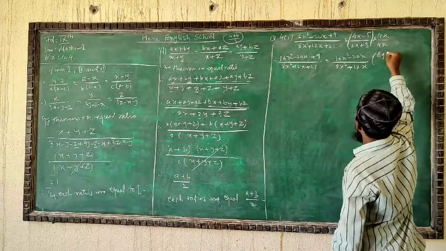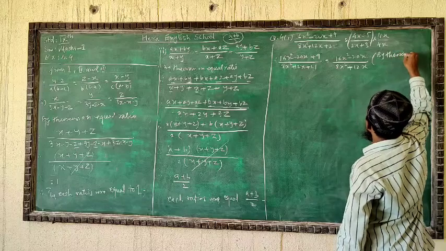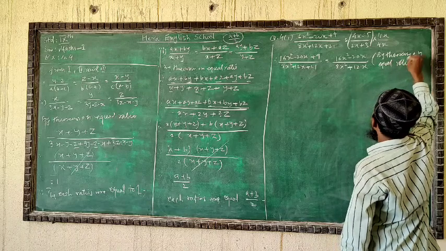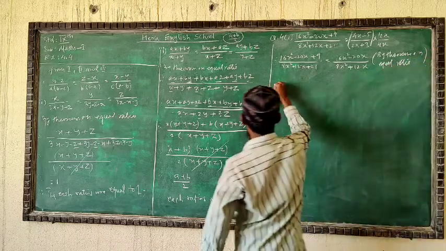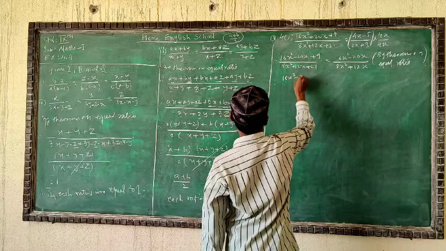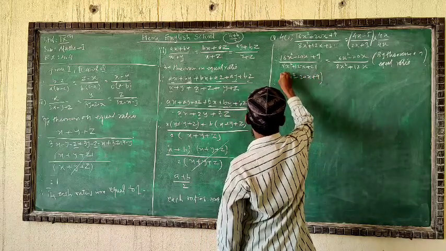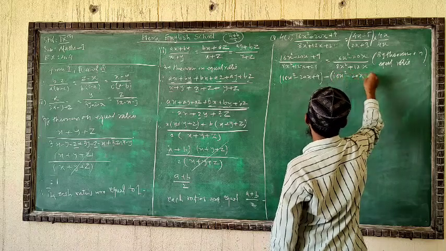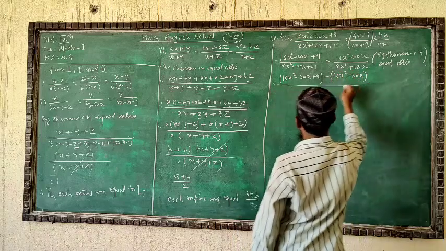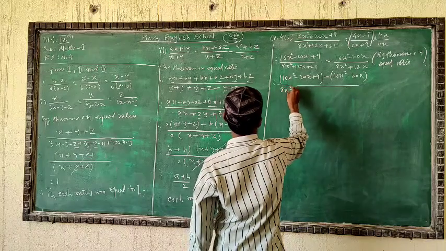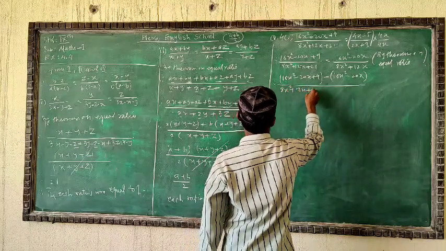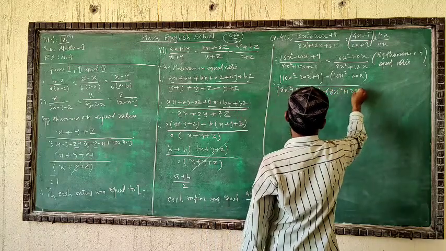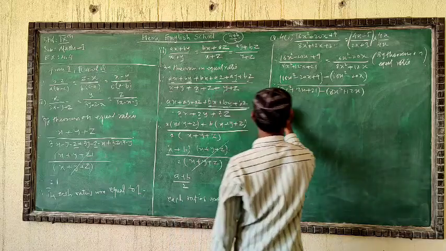We'll write here by theorem on equal ratio: 16x square minus 20x plus 9, minus 16x square minus 20x, and downside the same thing, 8x square plus 12x plus 21 minus 8x square plus 12x, and open the bracket applying the sign rule.